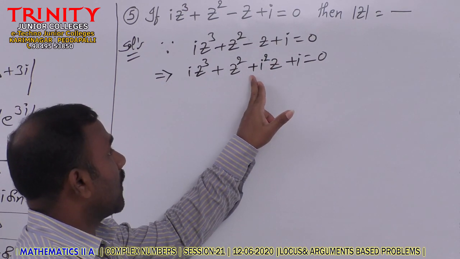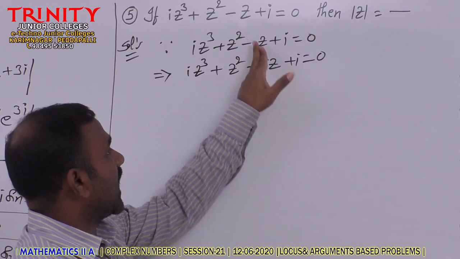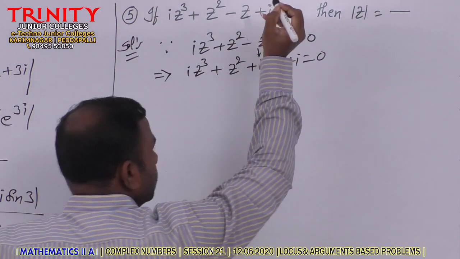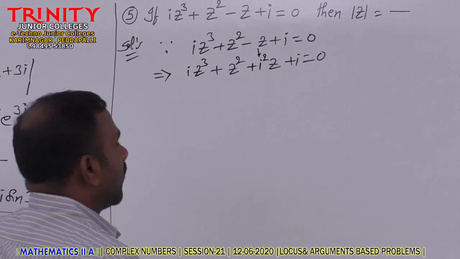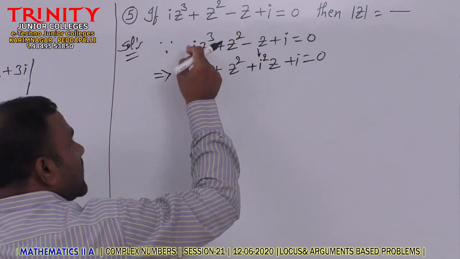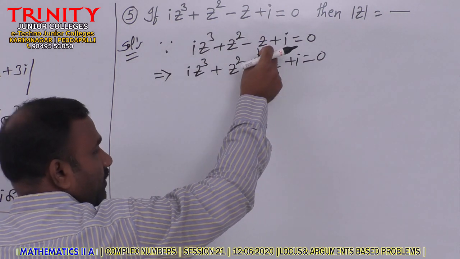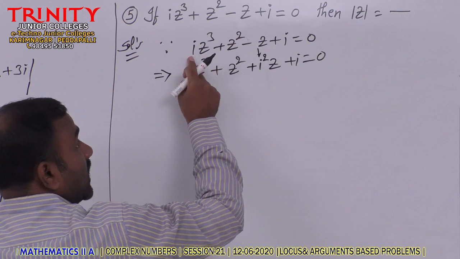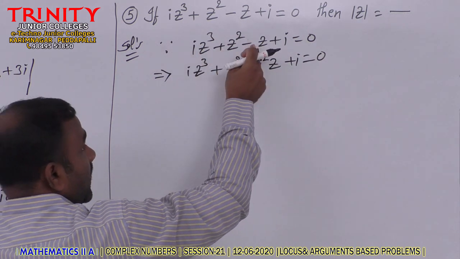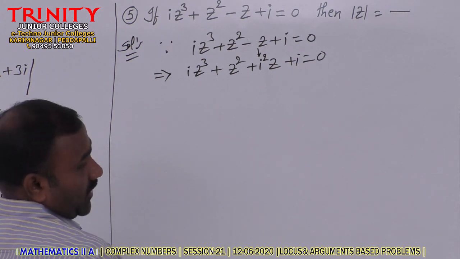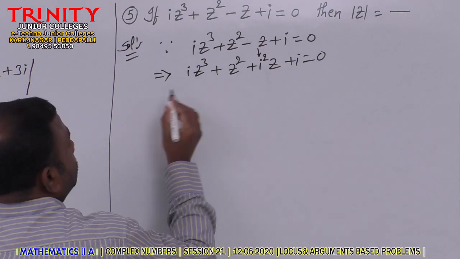Minus into plus, minus, again we are getting minus z as it is. Just this part we are changing. Why? Because here z square is there, i is there. Here iz cube is there, here z is there. From these two we can take z common, but here we have i. That's why if we get iz here, then we can take iz as common. That is the reason.